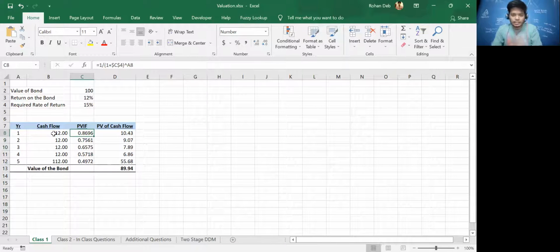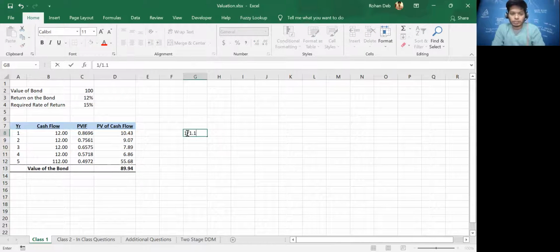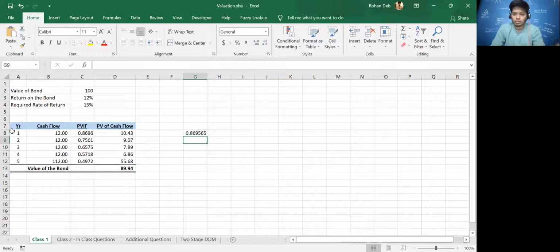When you do it in Excel, I've done a complicated formula over here, but for the exam purpose you can directly do 1 divided by 1.15 to the power, and then link it with the year. In that case, you'll get the same value. I just linked it to here so that in case you want to change the formula, it will still work, but you don't have to do that for the exam, right?